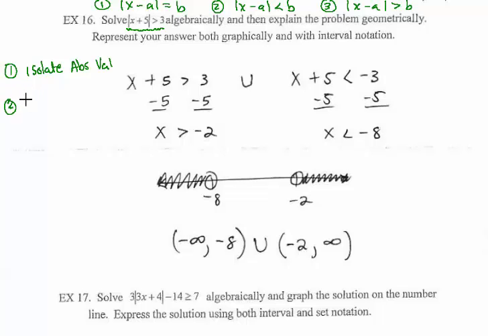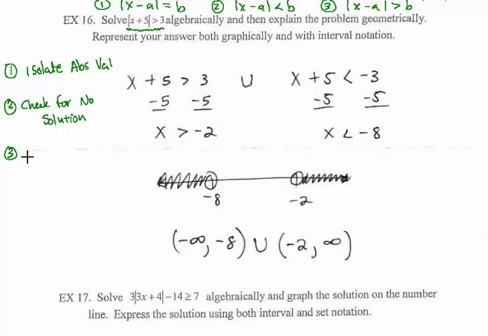Number two would be to, let's say, check for no solution. In any case where there's no option left for the absolute value to be positive, if the equation or inequality is forcing the absolute value to be negative, then there's going to be no solution. So check for those.